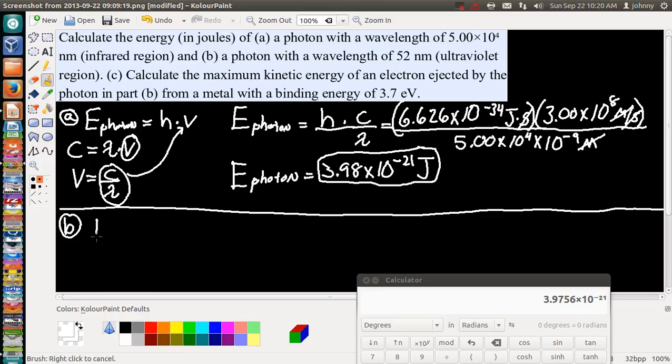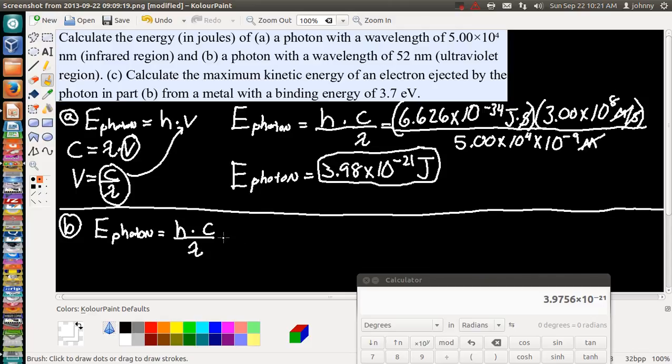I'm going to do the same process, using the same formulas and everything. Since we're given another wavelength, we know to use the modified equation of the energy of a photon. So E photon equals, since we're given the wavelength, h, which is Planck's constant, times c, all this divided by lambda.